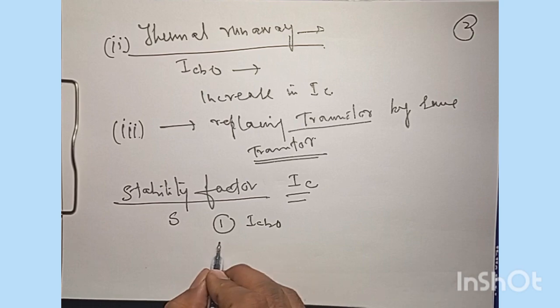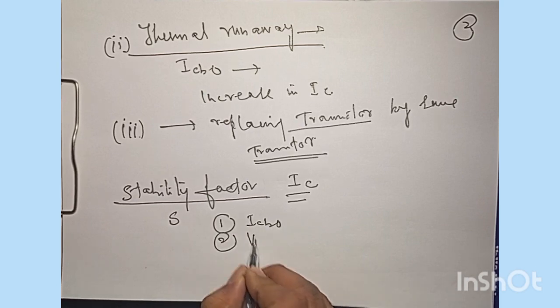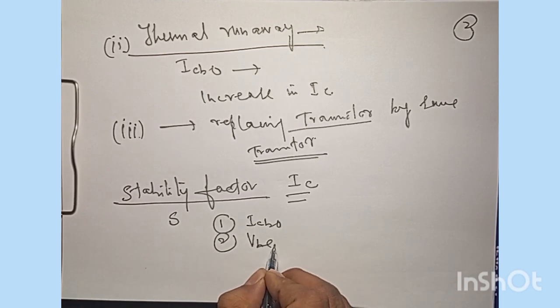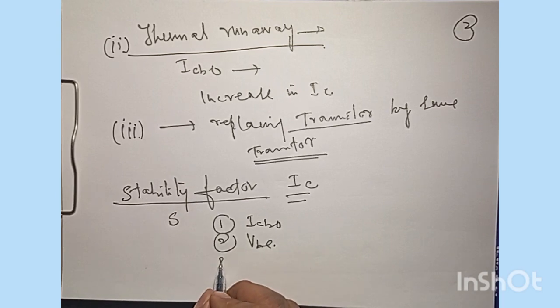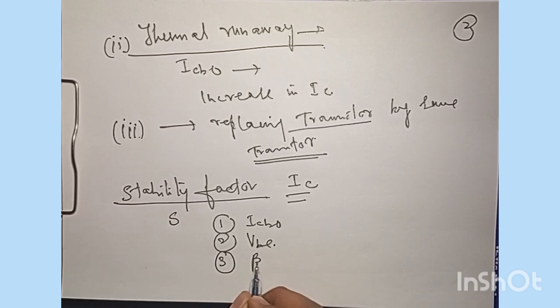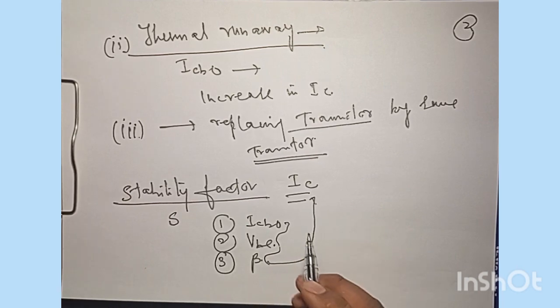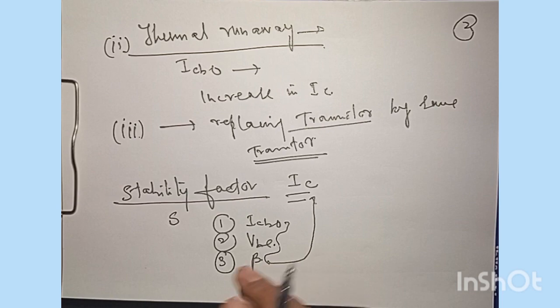The next one is the base emitter voltage VBE, and then there is beta, the current gain. So if there is any variation in these parameters, they are going to have an influence on the collector current.